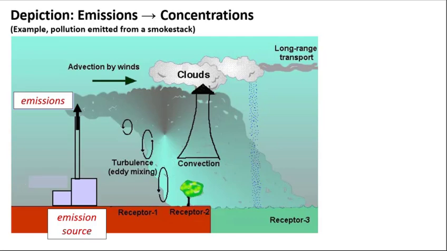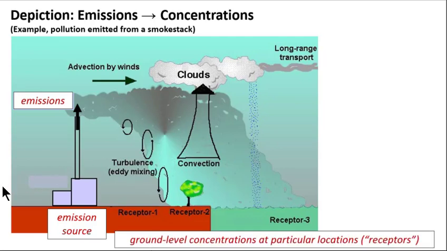Once emitted, the pollution then moves with the wind and disperses and can be subject to various atmospheric processes. This results in certain concentration levels of the pollutant depending on the time and location of downwind travel. In air pollution jargon, the locations where pollution is measured or is otherwise of interest are called receptors. This image indicates 3 receptors.